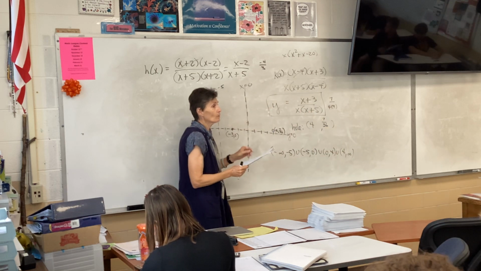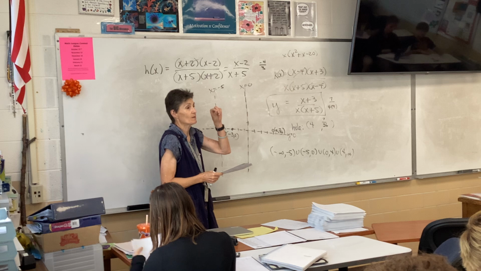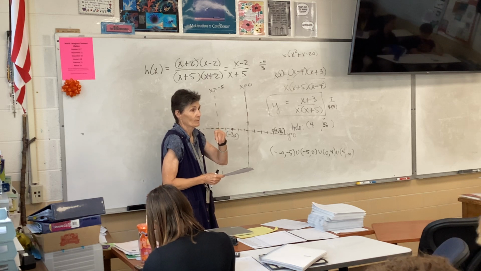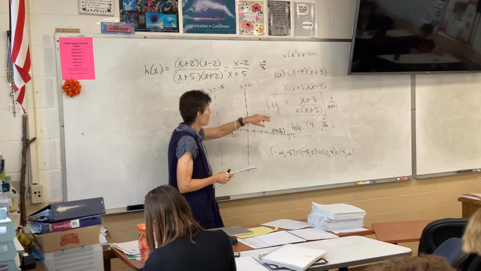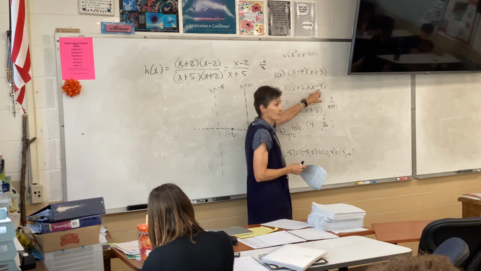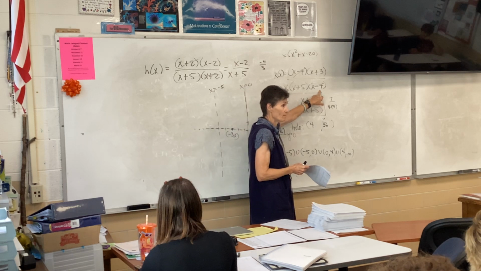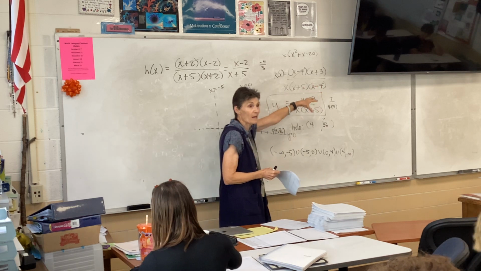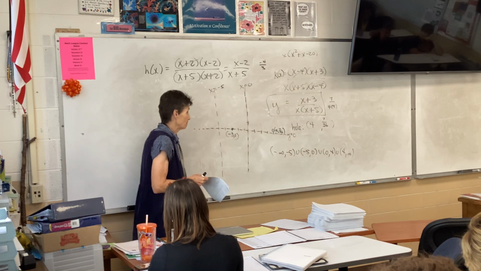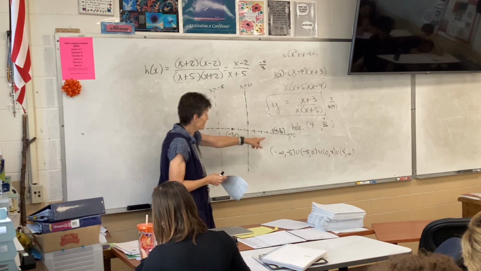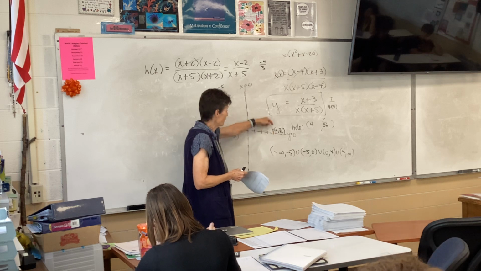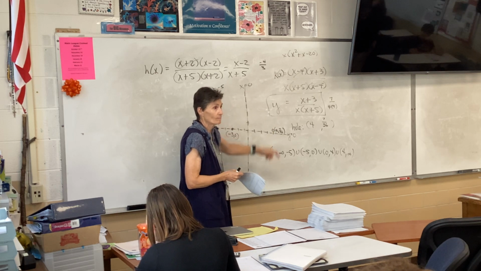Remember, we're looking to find the domain of the original problem, right? And there are 3 breaks in the domain. So there are 3 values that x cannot be. So even though you found a y value there, remember that is open.